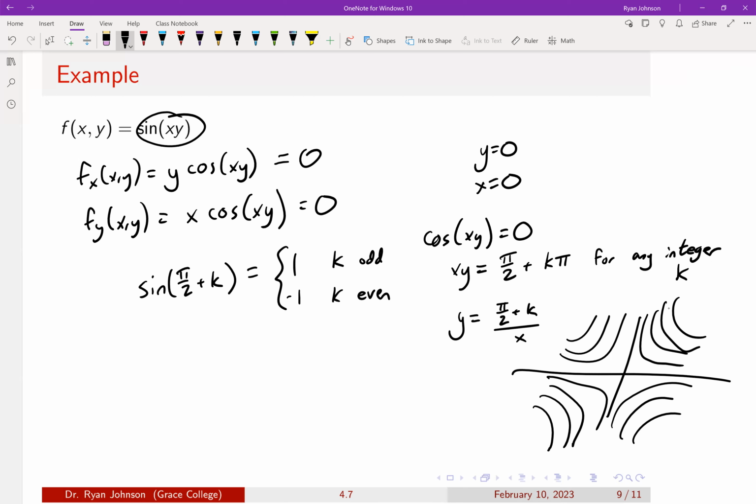So that means maximums when k is odd, minimums when k is even.